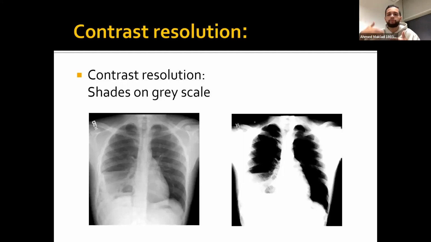So the more shades of gray you include, the better your contrast resolution is, right? Here you have only black and white on the right, but on the left you have black, 50 shades of gray, white. Did I say 50 shades of gray? Yeah. That's how you can differentiate between structures.